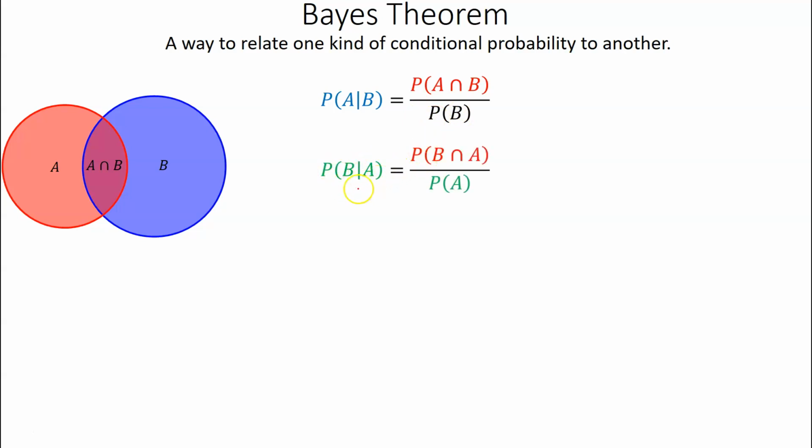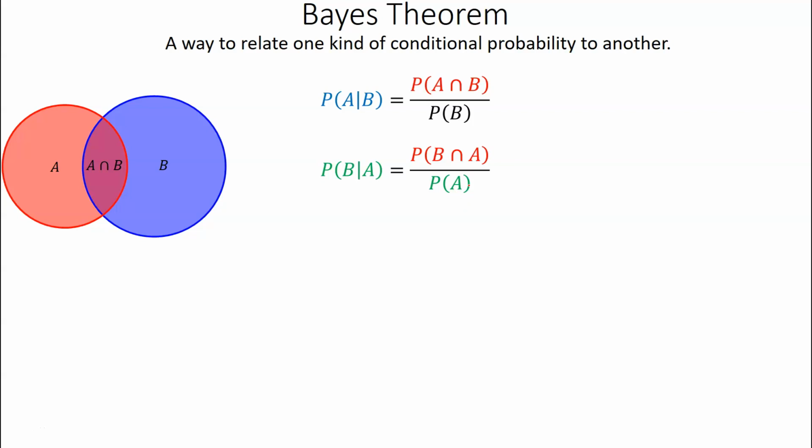Now, I'm going to do something kind of strange here. I'm going to flip-flop the A and the B. So here I've got the probability of B given A. Now, up here, we could say that's the probability of B intersecting A. But realize these two things are really the same thing. It's that overlapping part right there. It doesn't matter which one you put first. It's the overlapping part. So those two are actually really the same thing. And I'm going to do something that might seem strange in a probability setting.